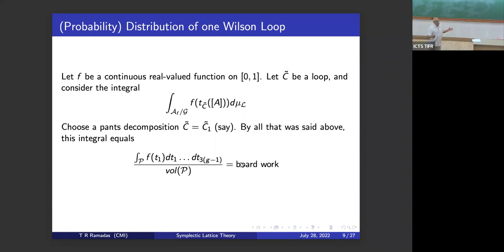It turns out that the joint distribution for finite g is not a product, but as g goes to infinity, the joint distribution becomes a product distribution. So in other words, Wilson loops in the limit of large genus become independent variables. Each of them has this distribution. Okay, so keep that in mind.